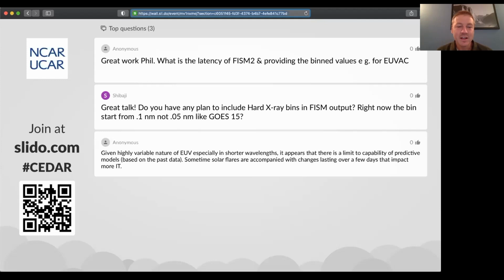Unfortunately, the latency is about 6 days right now. I hate answering this question. It's a great question, but unfortunately it's a funding and an effort issue. It's a lot of effort to provide, as many on here know, a real-time, redundant, accurate space weather model that runs in real time.